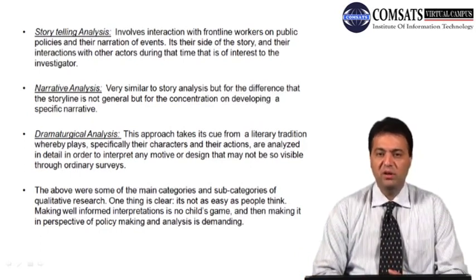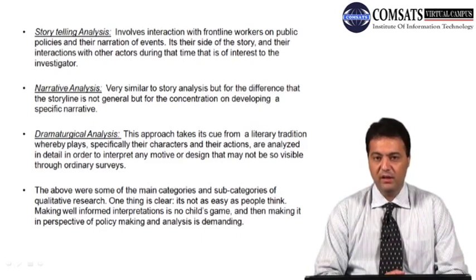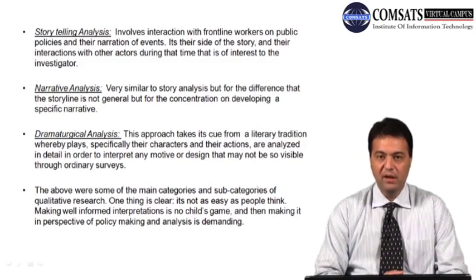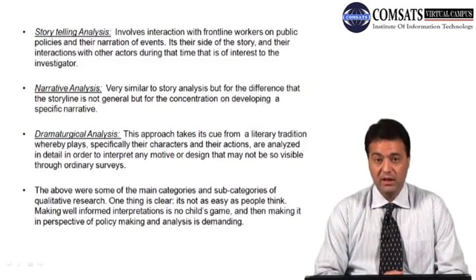I'm sure all of you must have heard about Shakespeare. Shakespeare is pretty famous. Most of the famous English plays in England were written by Shakespeare a few centuries ago, and till now they are being interpreted according to the views of the researcher.